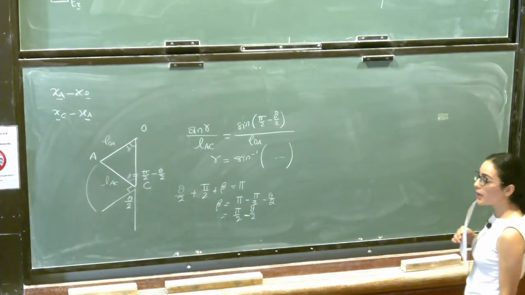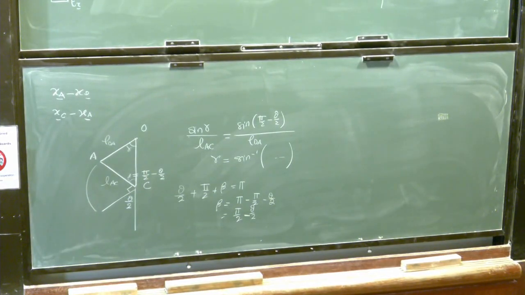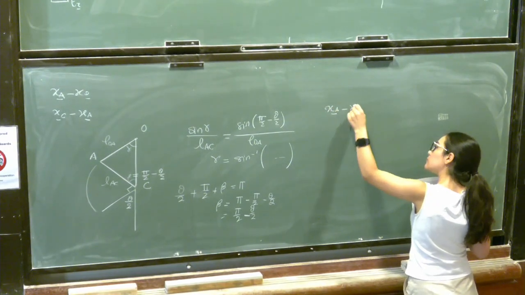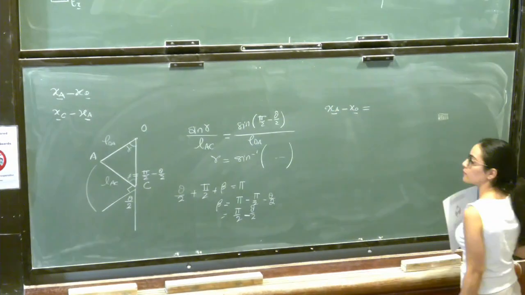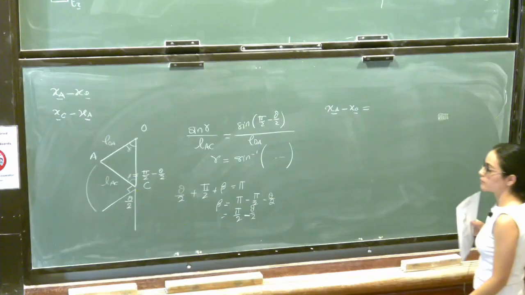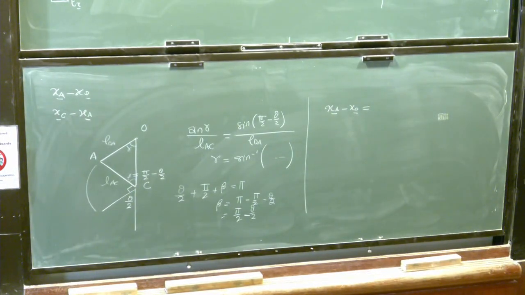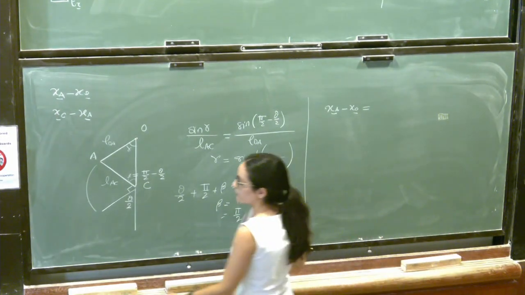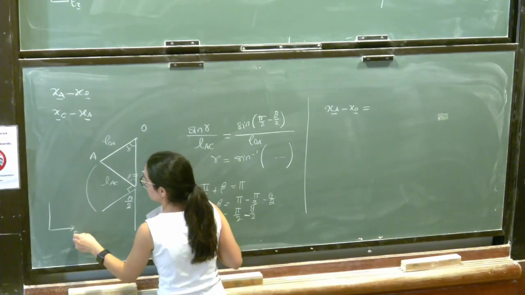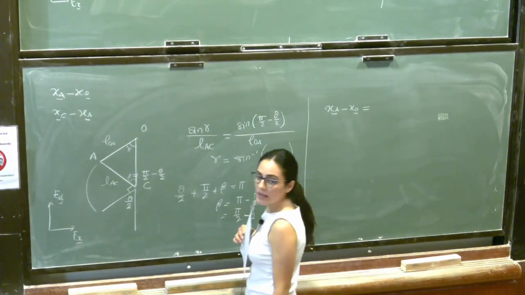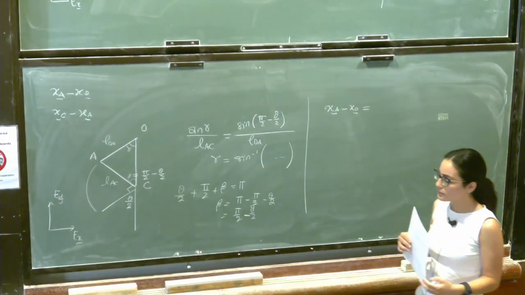And now that I know gamma, how can I write XA minus XO? If I know gamma, how can I write XA minus XO?